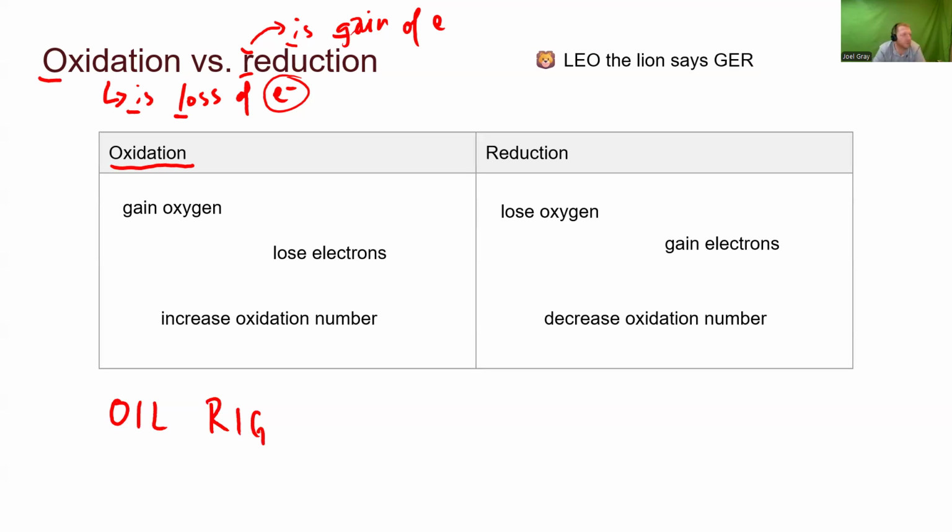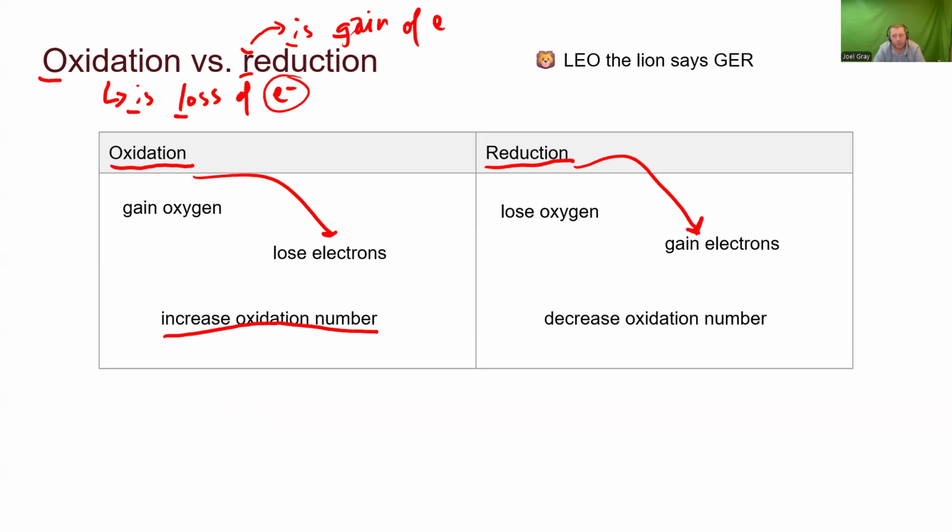You're tightly associating things because when something gets oxidized, it loses electrons, whereas when something is reduced, it gains electrons. Now, what we'll commonly see whenever something is oxidized is that thing increases its oxidation number.